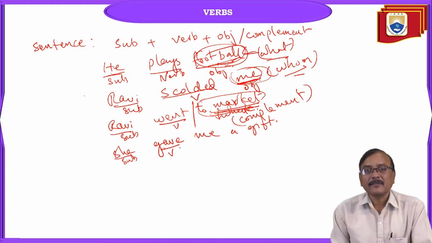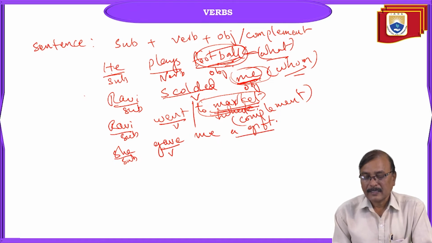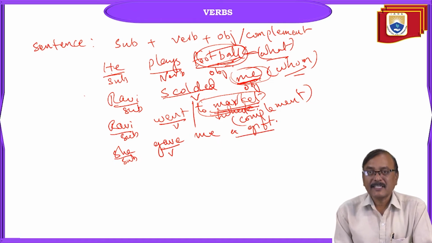What is the question you raise immediately? She gave what? The answer is a gift. For the immediate question, the answer that comes is the direct object. This is called the direct object.